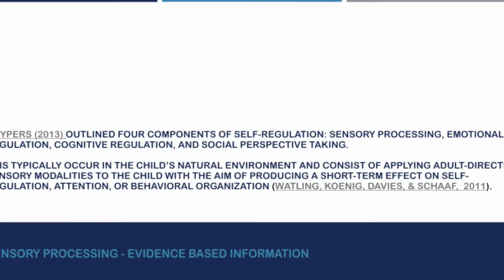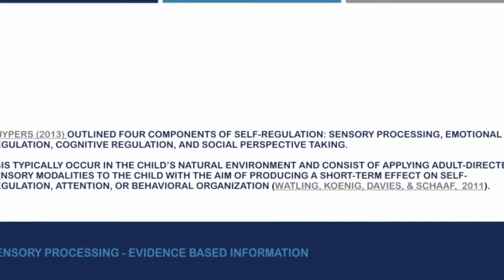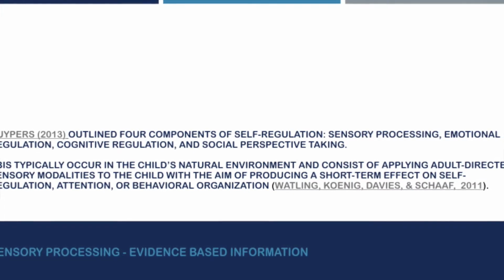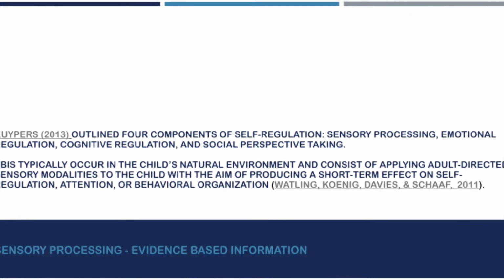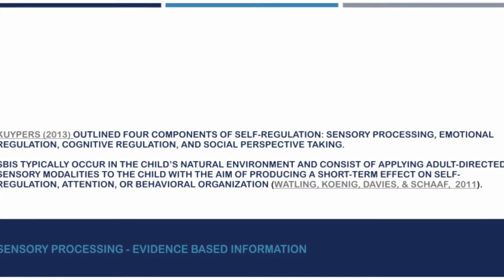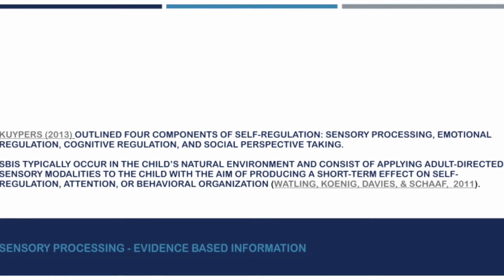Kuipers, who authored The Zones of Regulation, outlined 4 components of self-regulation. These include sensory processing, emotional regulation, cognitive regulation, and social perspective taking.